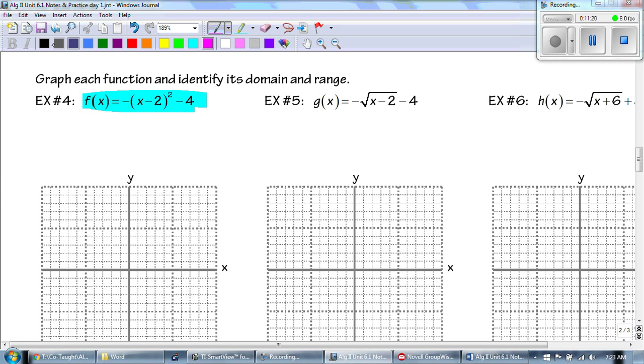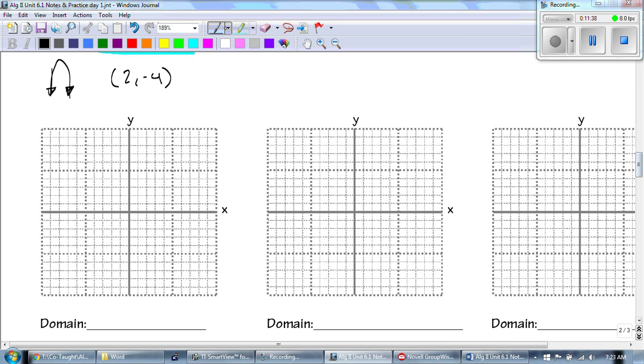Whoa. First off, negative, but it's a negative square root. So this guy's not square root, quadratic. Come on, Mr. Grice. See, even I'm having trouble going back and forth. Okay, so my vertex is 2, -4. So at 2, -4, so here's 2, there's -4.